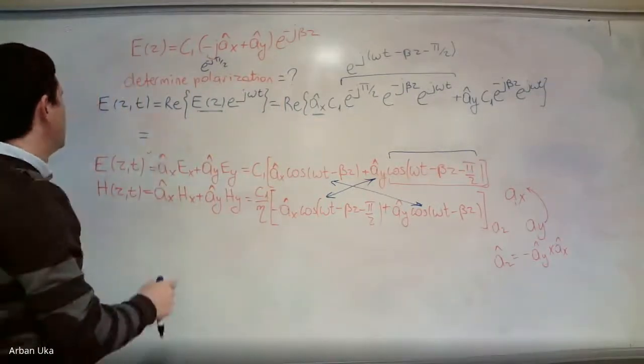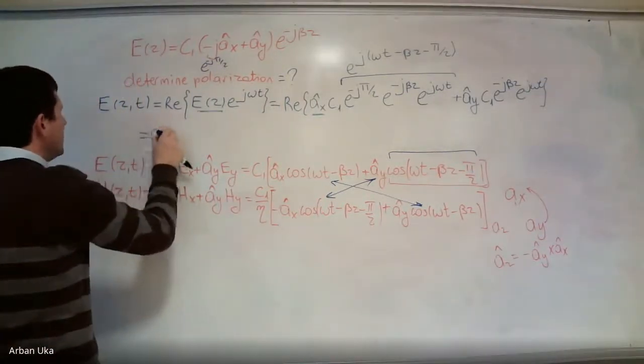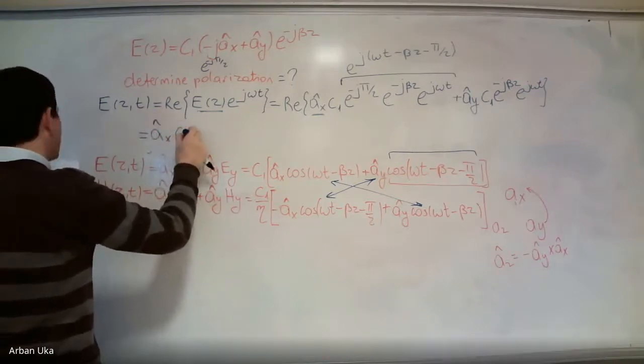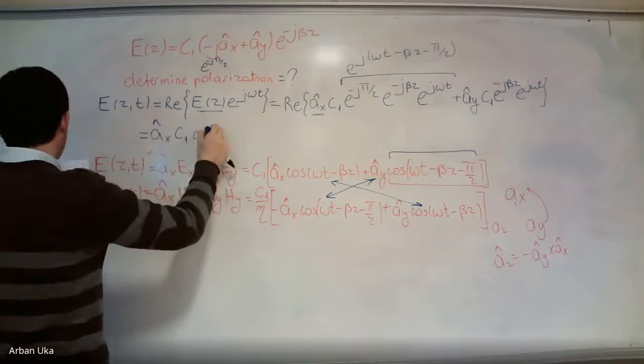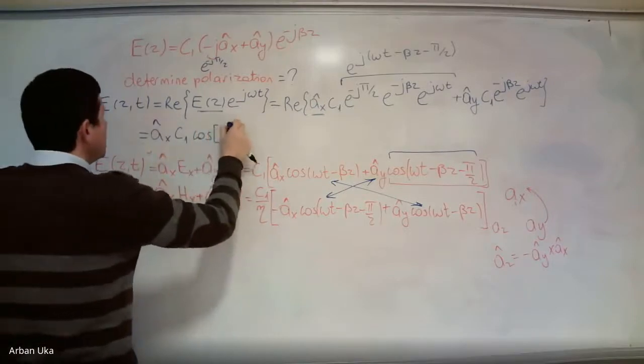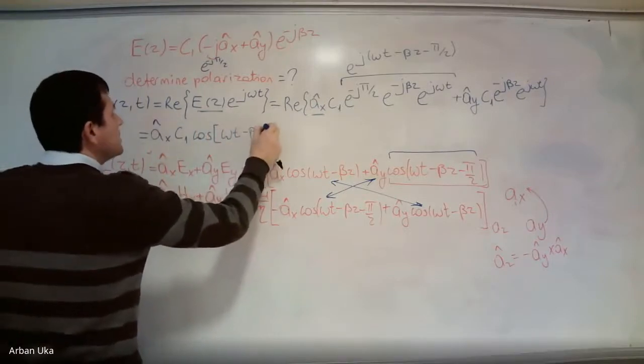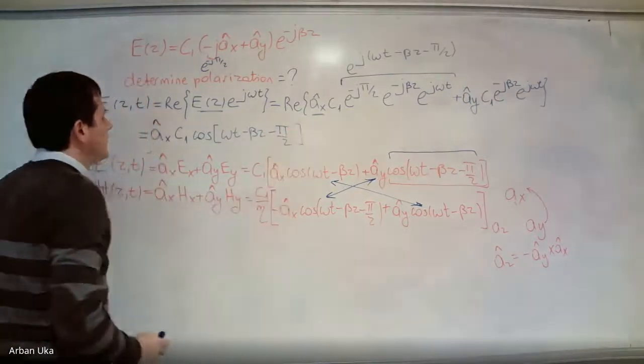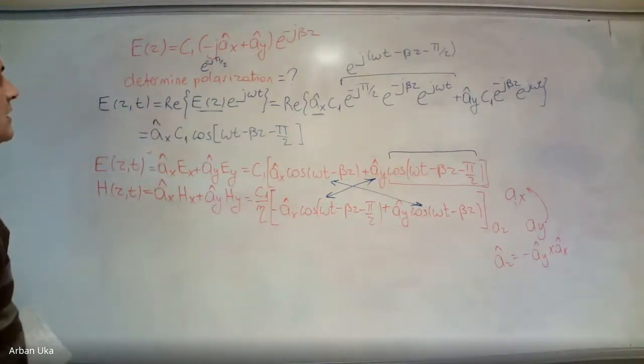So here we have, this is going to be equal to AX times C1, let's not forget the quotient, times cosine of omega t minus beta z minus pi over 2. Okay, this is the EX.